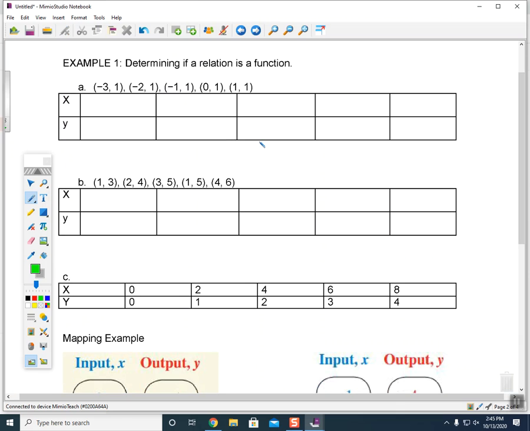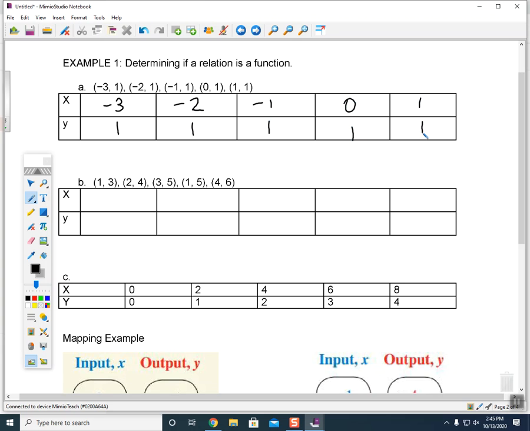Okay, so now we're going to look at how do we determine if a relation is a function or not. So this is what we would call an input-output table. I have a relation on the top, a set of different points, and I need to decide, is this relation a function or not? So I'm just going to go through and fill these in, right? So I've got -3, 1, -2, 1, -1, 1, 0, 1, 1, 1.